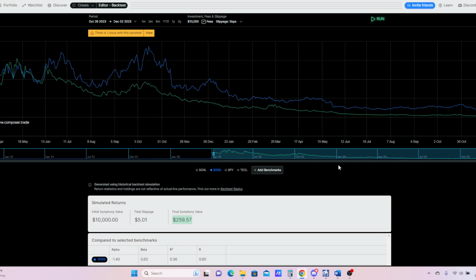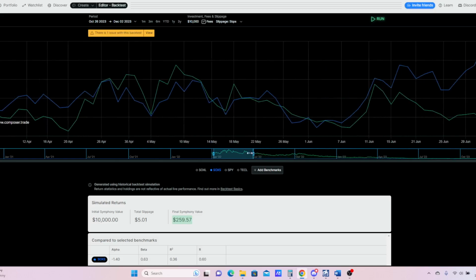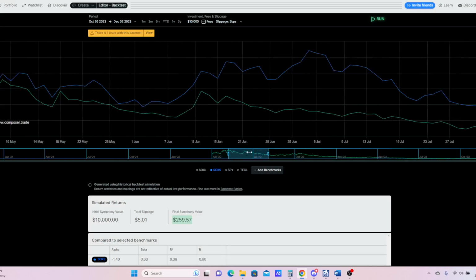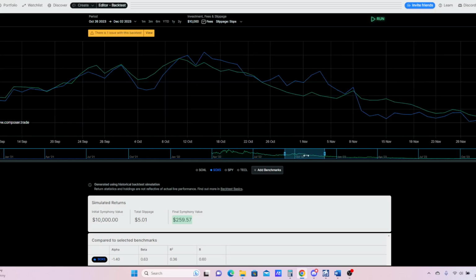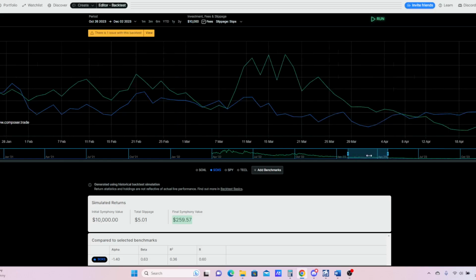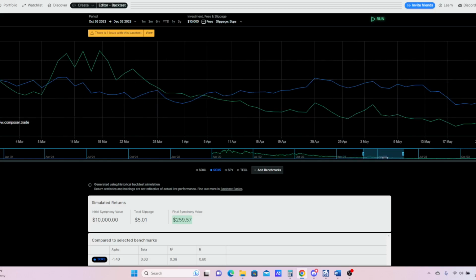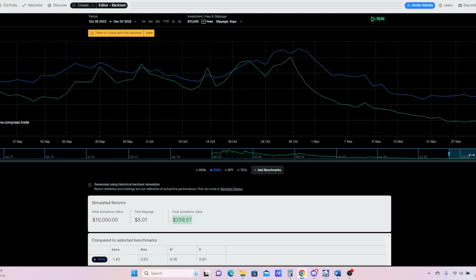This is UVIX and SOXS. It definitely correlated, that's for sure. Now it's making sense.